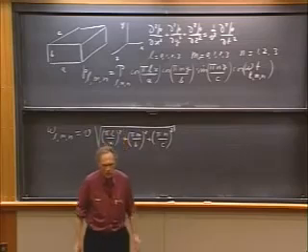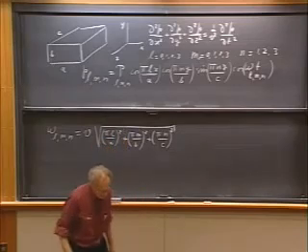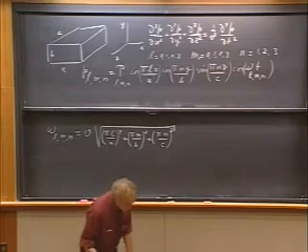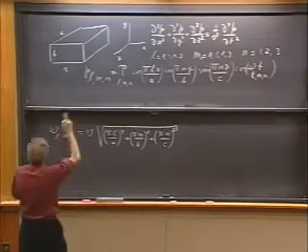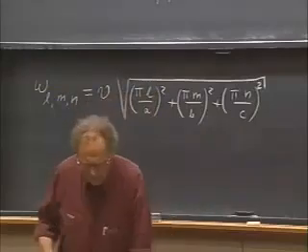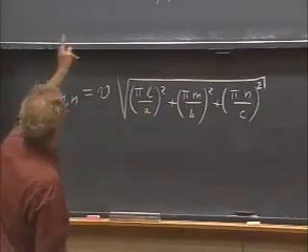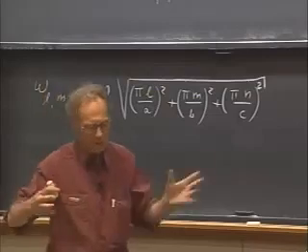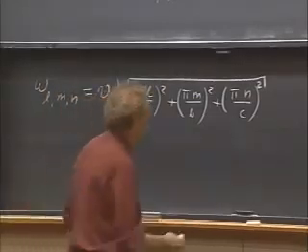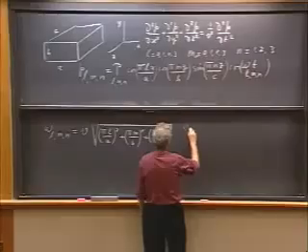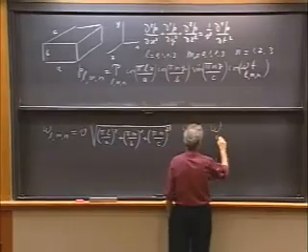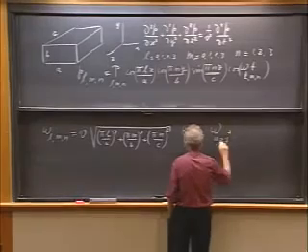And so the lowest possible frequency for this system is the 0, 0, 1 mode, if I assume that C is the largest dimension in the system. C is sort of the length of my musical instrument. So the 0, 0, 1 mode would give me omega 0, 0, 1.